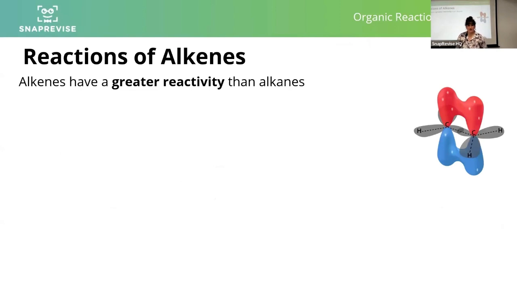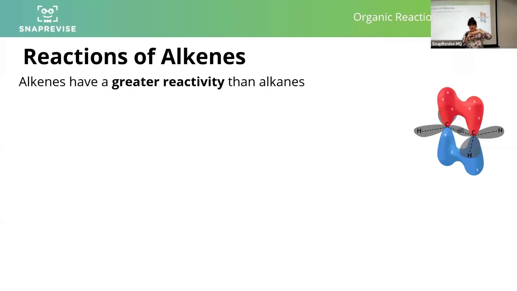Alkenes have a greater reactivity than alkanes. Why is that? It's because of the high electron density of the double bond. It's because alkenes have electron density above and below the plane of the bond.